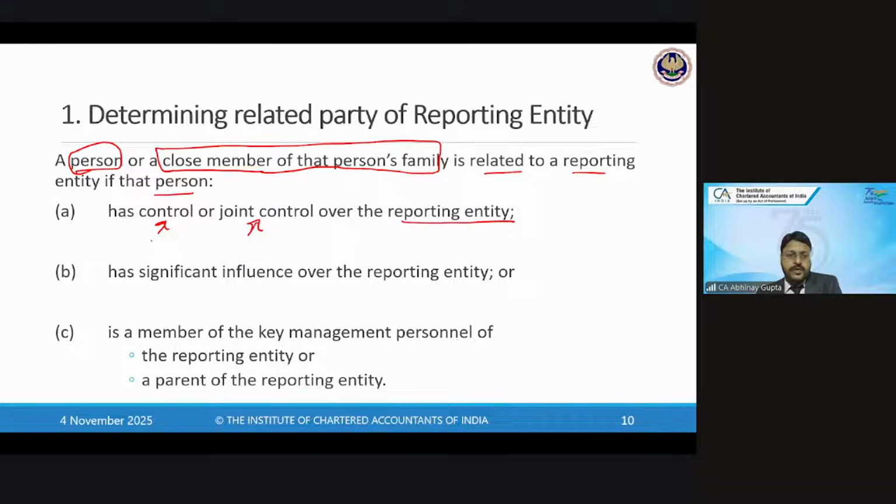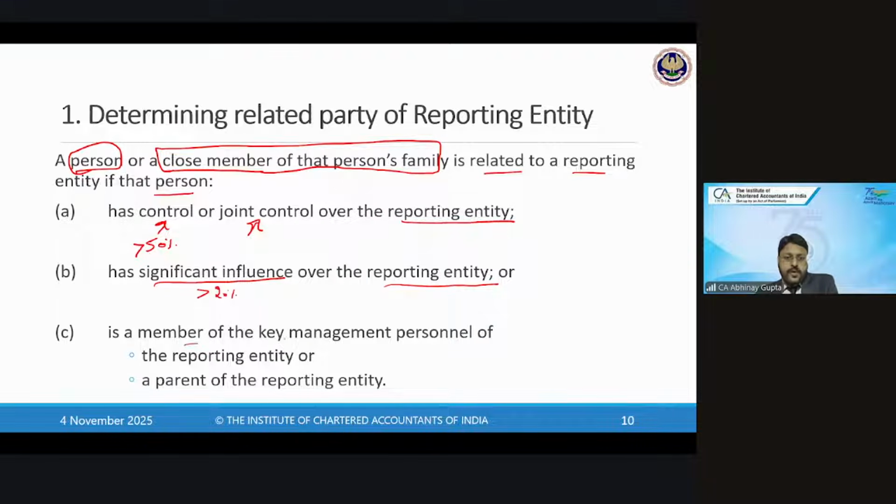So control means, for the sake of simplicity, greater than 50% of the stake, or joint control, right, when two parties are controlling a single entity. So that is called joint control over the reporting entity, or has significant influence, that is greater than 20% over the reporting entity, right?